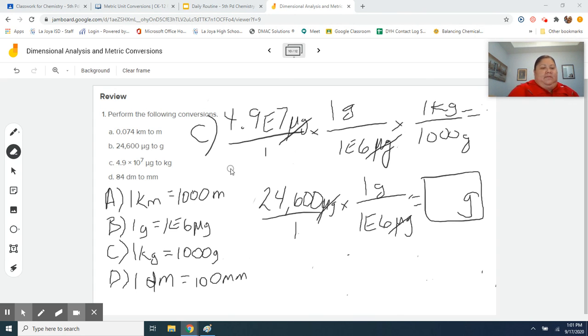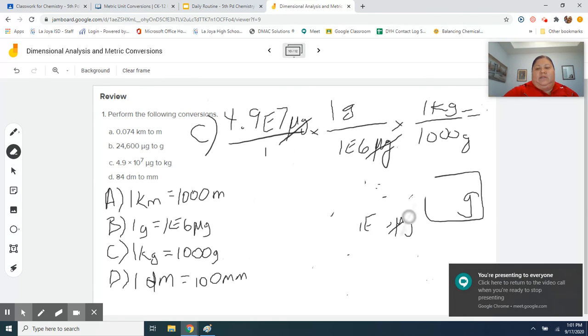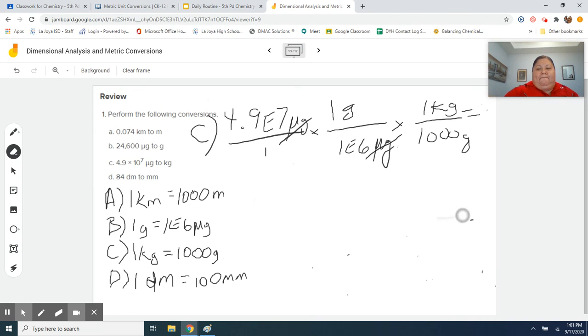Let me erase so we can set up the last one before you go, because we're running out of time. I'm not sure if it's right for C, but I got 0.049. It should be something like that, but I'm not really sure right now.